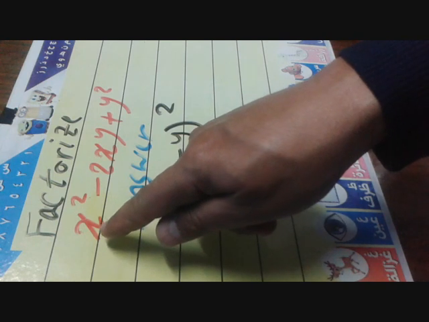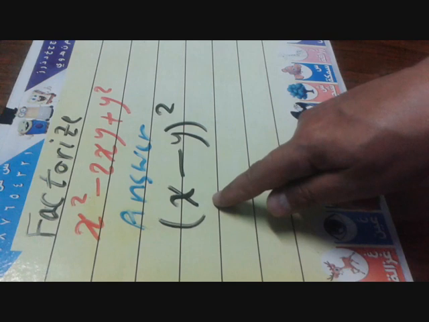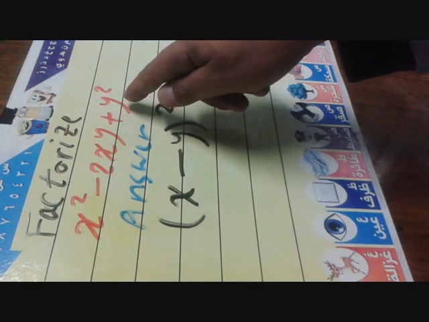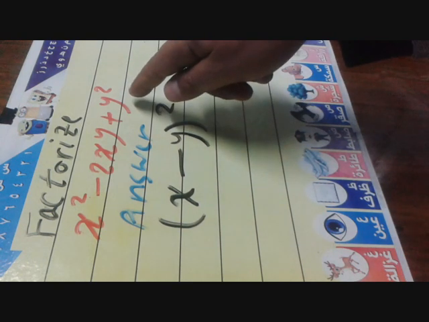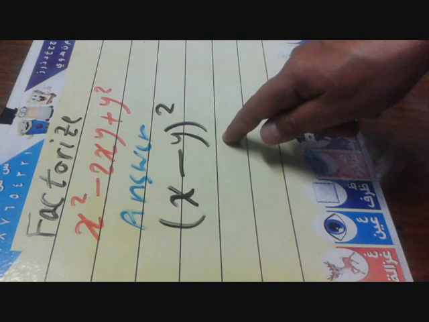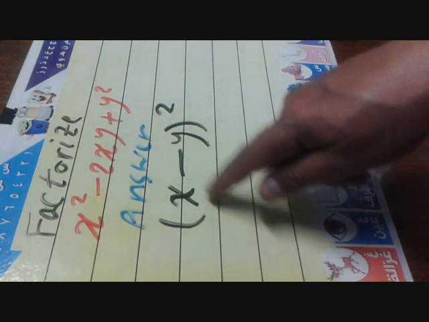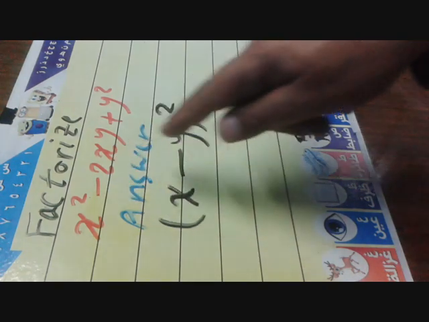This term, put the root of it here. The root of y squared is y, put it here. The root of x squared is x, put it here. The sign of the middle term, negative, put it here.